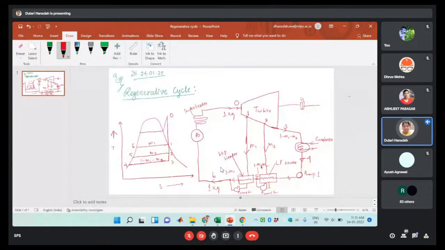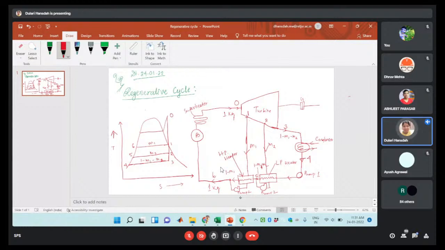Okay. So the temperature of the water entering the boiler can also be increased, so that the heat addition in this cycle will increase. Heat addition means we are supplying fuel to the furnace. That furnace gives the products of combustion, and that heat is utilized to generate the steam.